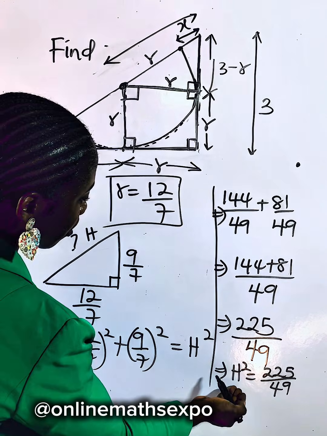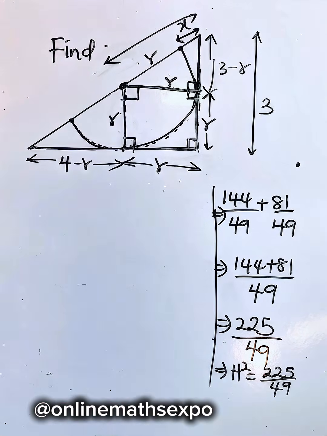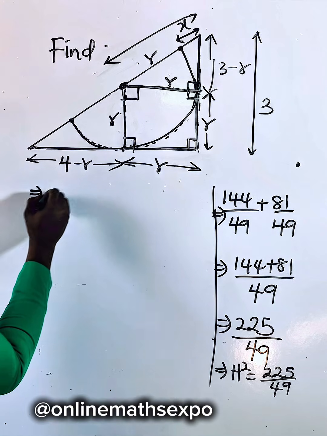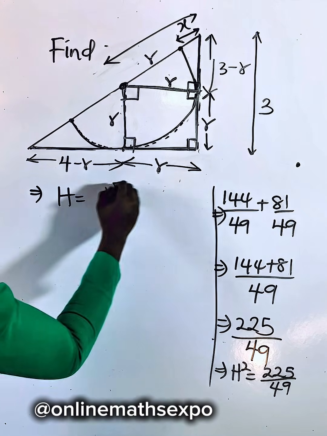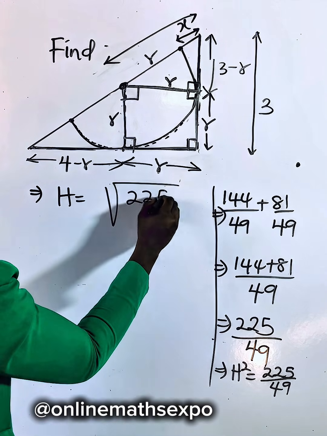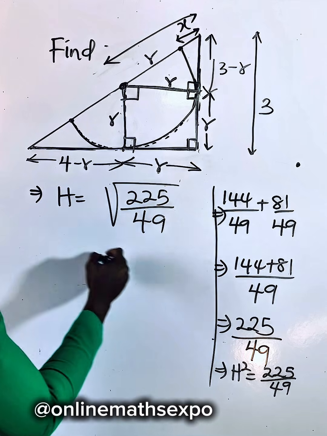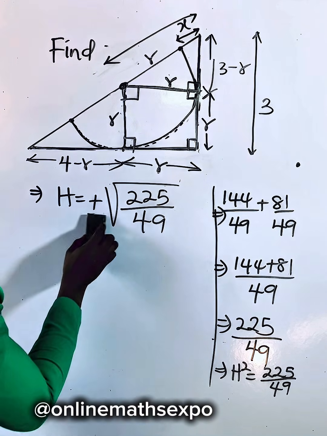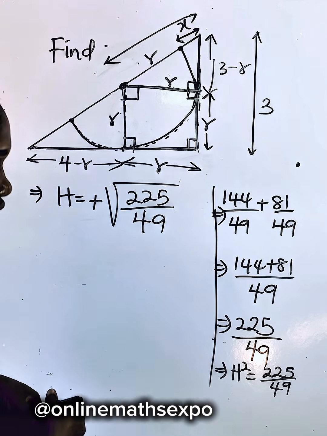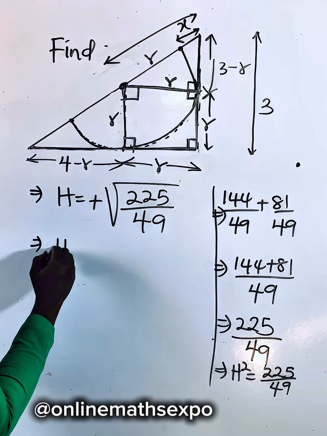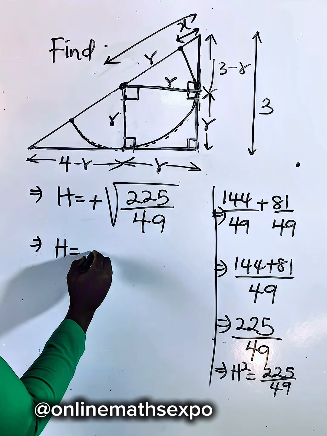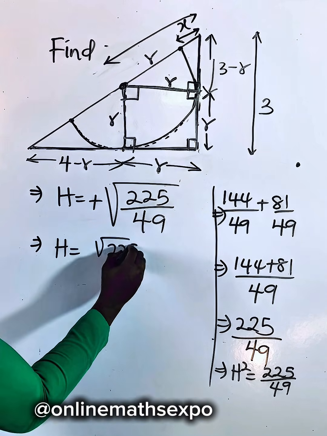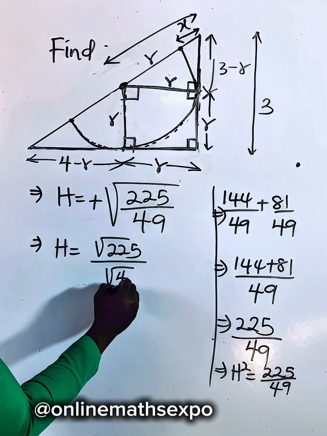So to get the h value, we now have h will be the square root of 225 over 49. We take the positive and the negative, but because you are working with sides, we are only going to take the positive. So in that case, we cancel the negative value. So we have our h is square root of 225. Remember, this is the same as this divided by root 49.